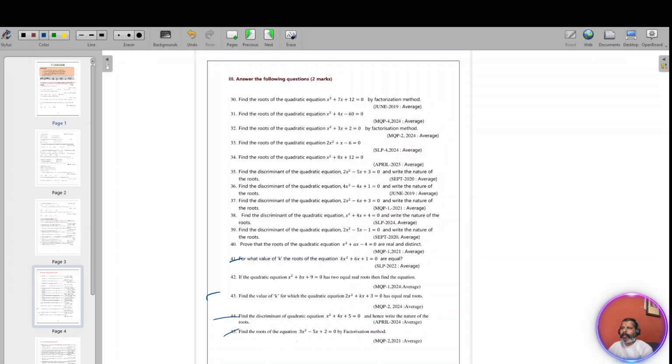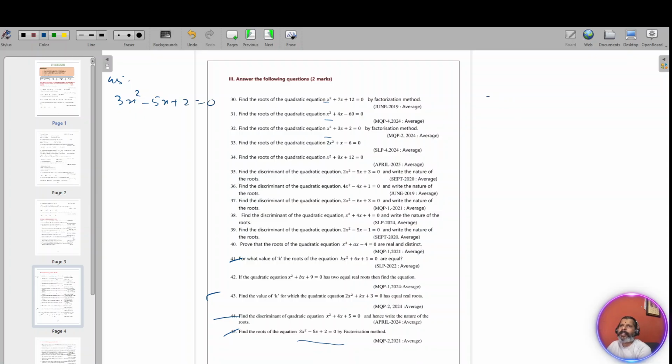45, okay. This we will solve because in the factorization questions, x square had only one as coefficient. Here one number is there, so we will just solve the 45th one. It is same way only. 3x square minus 5x plus 2 is 0.